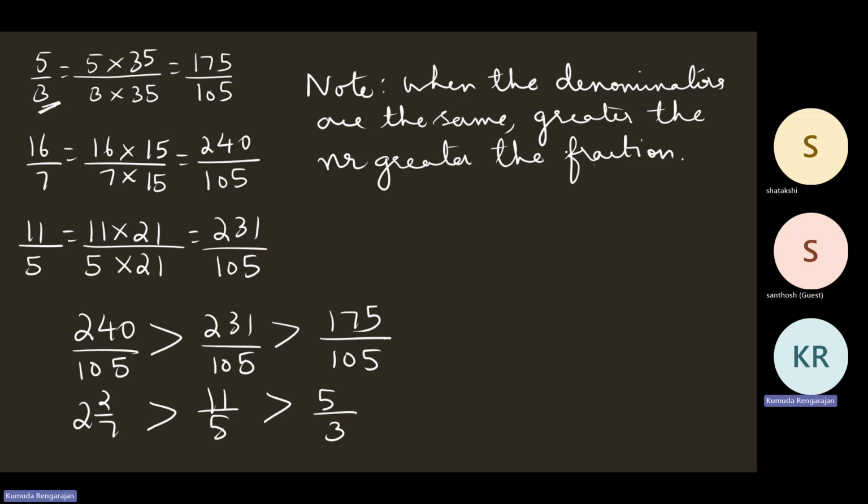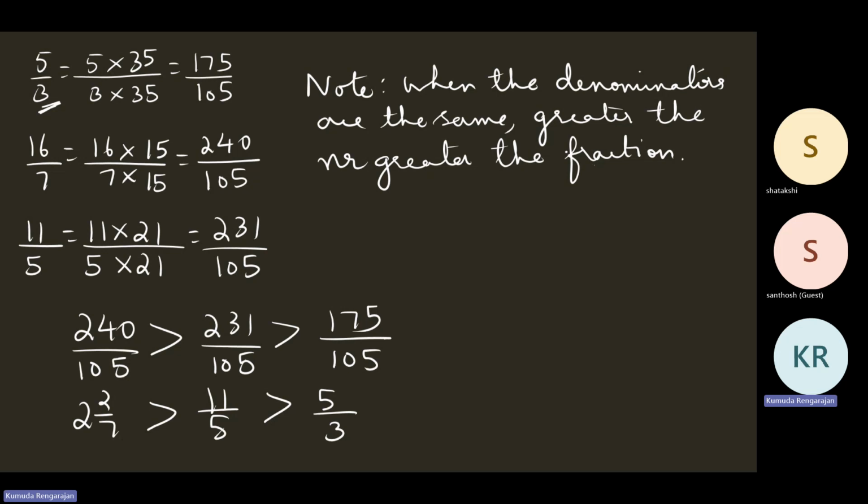That's all. Perfect. Yes, we can compare fractions only if they are like fractions. Unlike fractions, it's difficult to make out which is greater or smaller. So when the fractions are unlike, you must make them like fractions, and only then is it easy to compare.